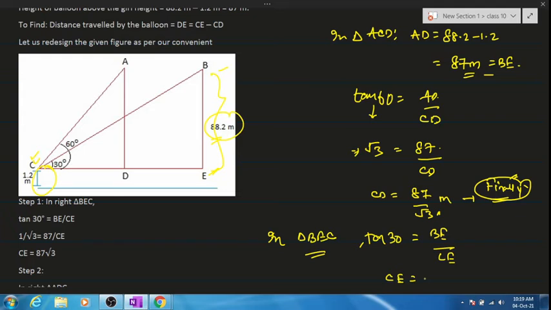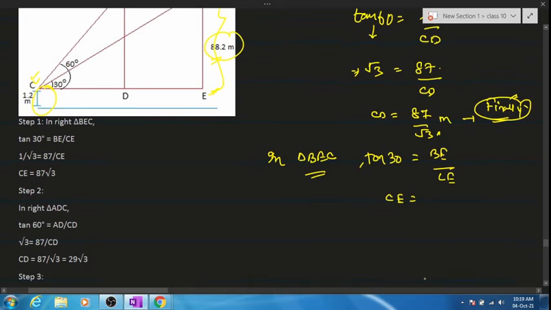How much? 87 by root 3, because AD is equal to BE. CD. No.